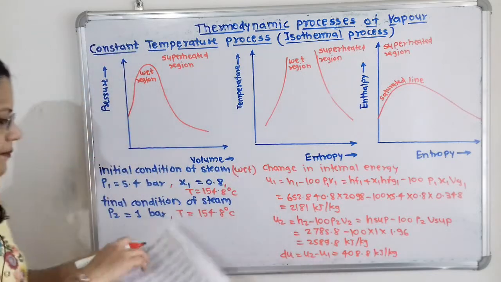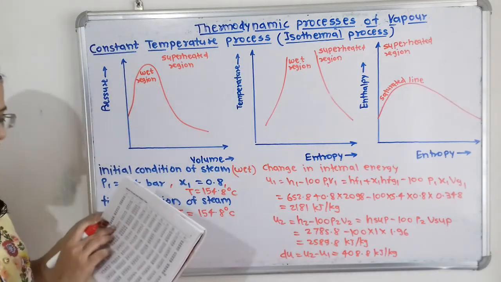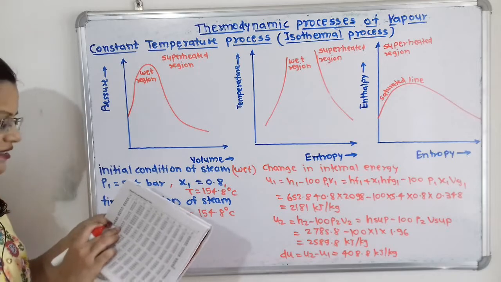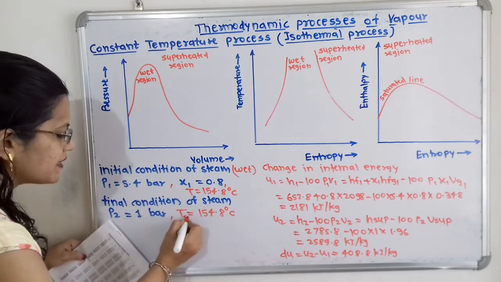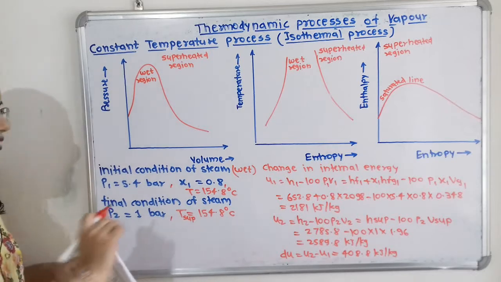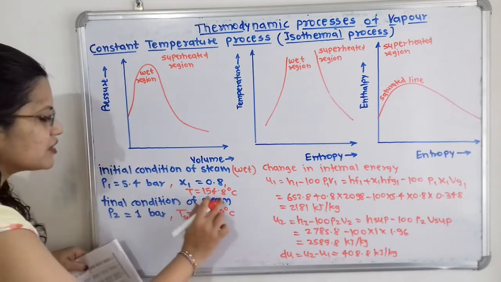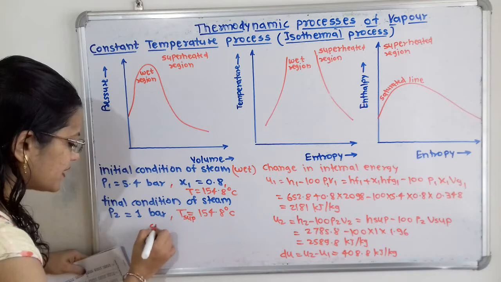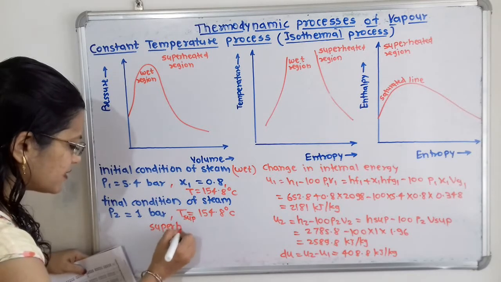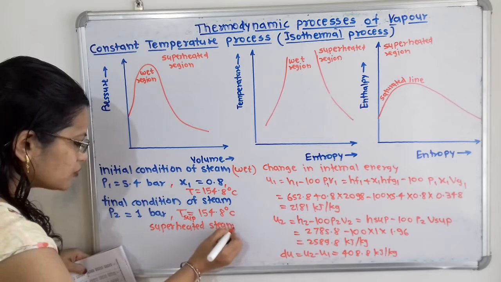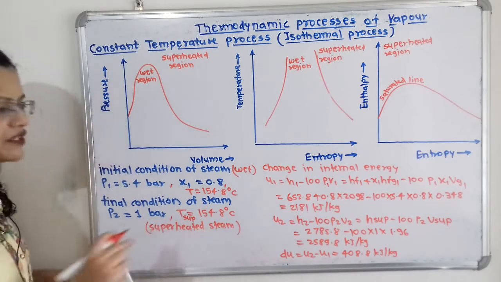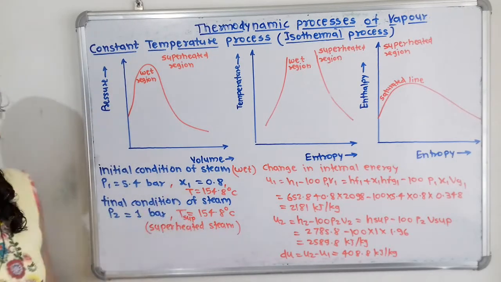So this temperature is more than 99.63 degrees Celsius. So we can say that this temperature is the superheated temperature, and we can say that the final condition of steam is superheated steam. So I will write this is the superheated steam. This is the answer of the first question, that is the final condition of steam.